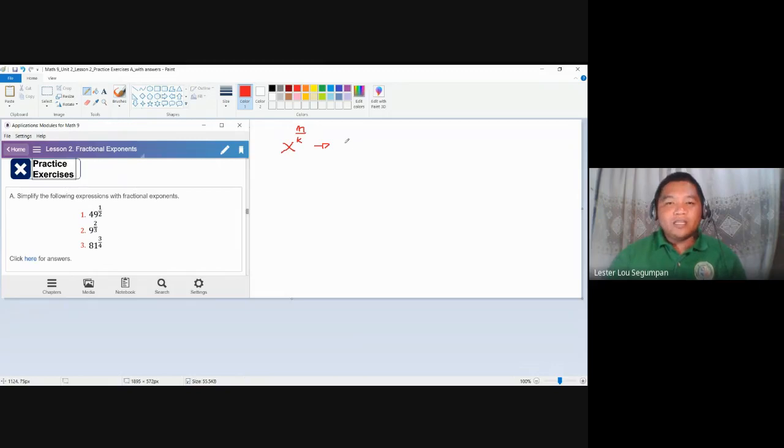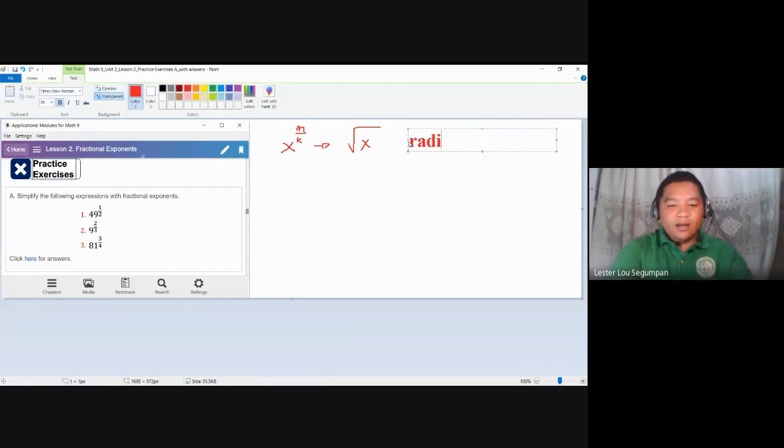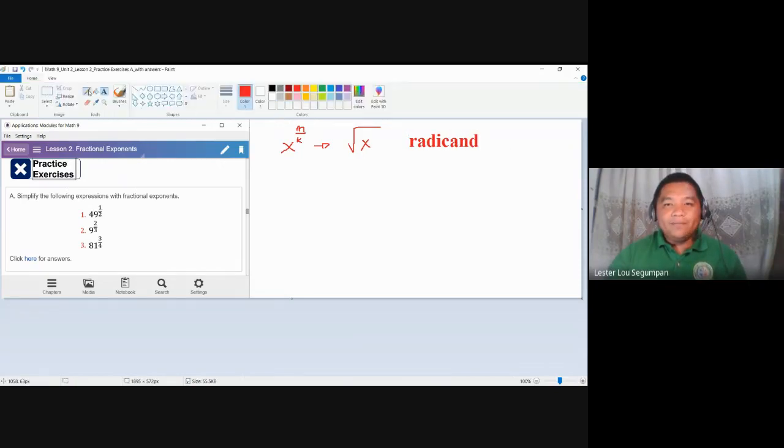Radical expressions are those expressions with roots, just like square roots, cube roots, and any nth root. So this could be transformed into a radical expression where your base becomes the radicand. Discussions on this will be explained better when you reach unit number 3, but in the meantime, this is called a radicand.